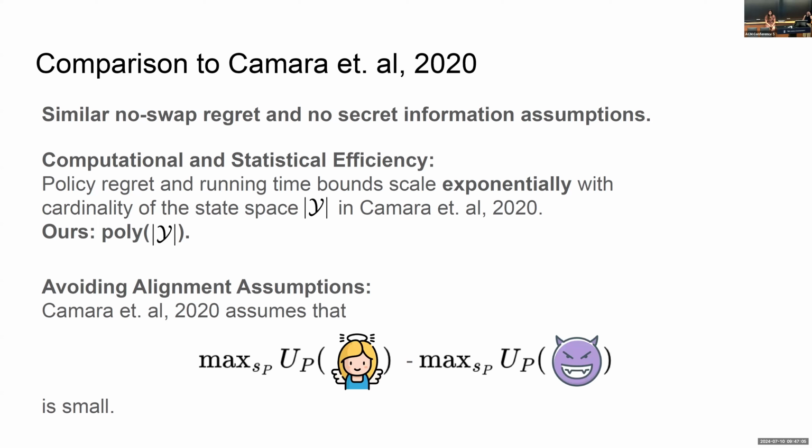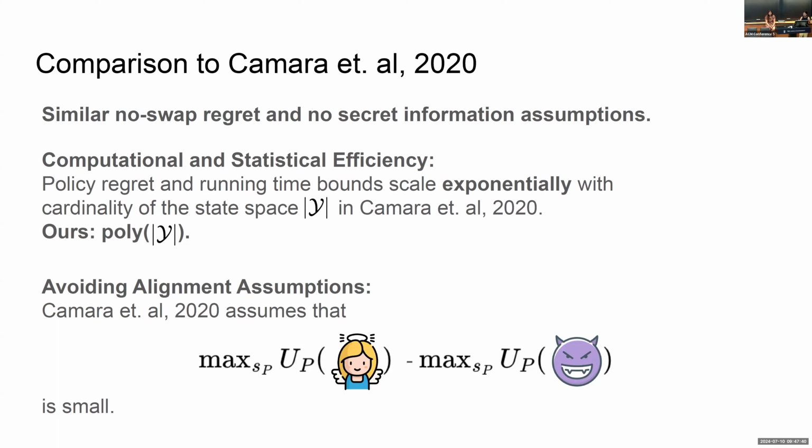And second, in Camara et al., they assume that, okay, so we have this no swap regret as a behavioral assumption, which means there could be multiple choices of taking actions for the agent. They can either take actions in favor of the principal, or they can take actions that are against the principal. And maybe both can achieve a similar level of utility for the agent, but this may make a lot of difference for the principal.